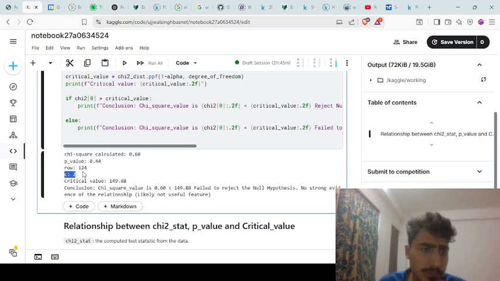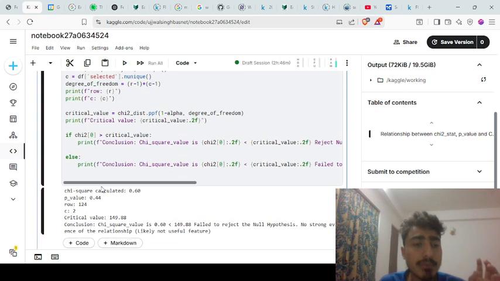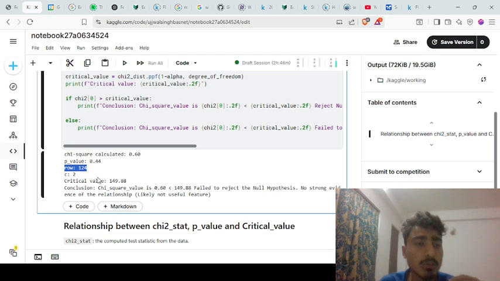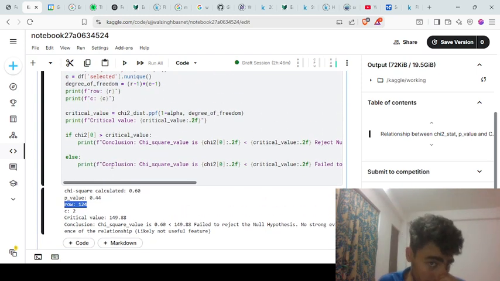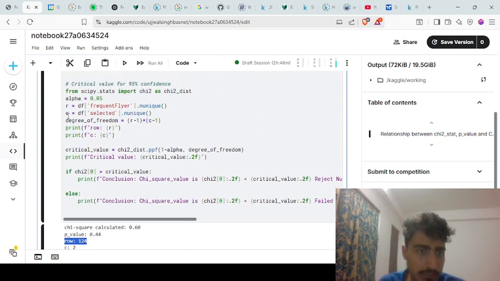C is 2, that means 0 and 1, which are the target variable classes, and the rows are 124. Therefore, rows and columns are the same as in the previous one, the heart disease data.